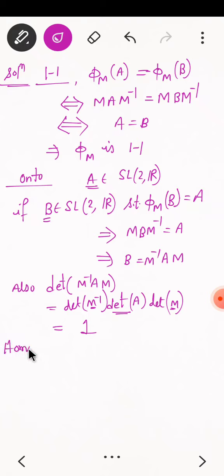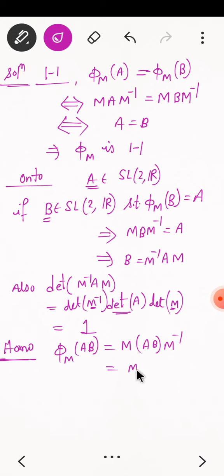Next we check homomorphism. So phi M of AB is equal to M of AB M inverse. Here we introduce M inverse, and M of A M inverse times M of B M inverse.